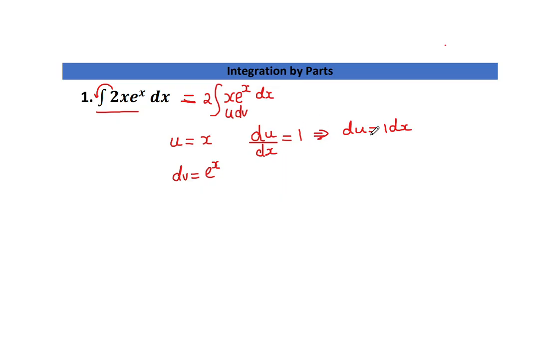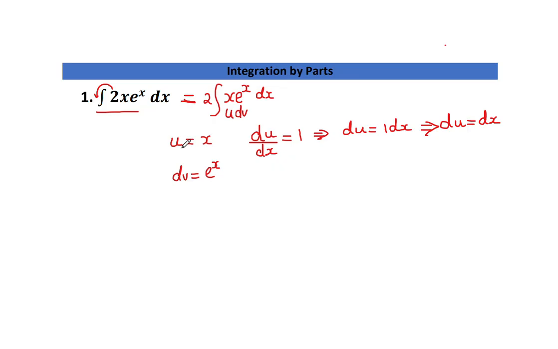So I get du equal 1 dx, which can further be written simply as du equal dx, because 1 multiplied by dx is just dx based on the identity property.